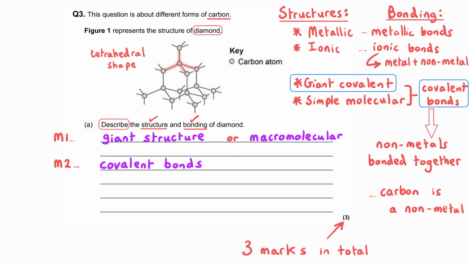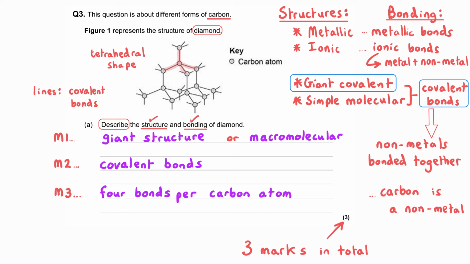And then for extra detail, because there are different forms of carbon and diamond is just one of them, we need to enhance our answer by talking about how many covalent bonds there are per carbon atom. And you can see that all of the carbon atoms have got 4 lines coming out of them. And each of these lines are representing a covalent bond.